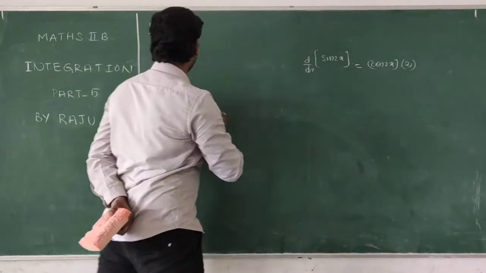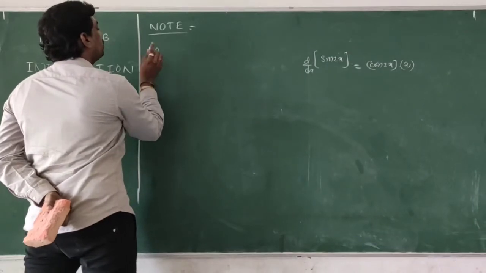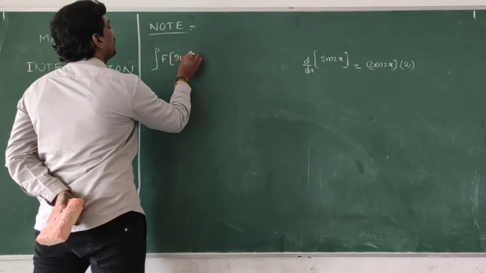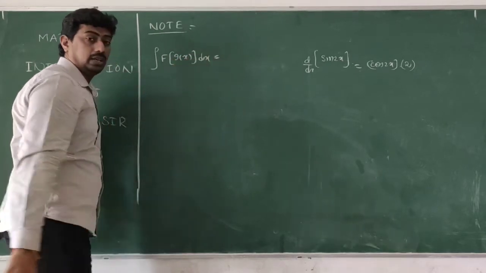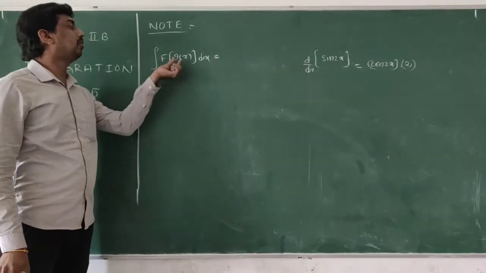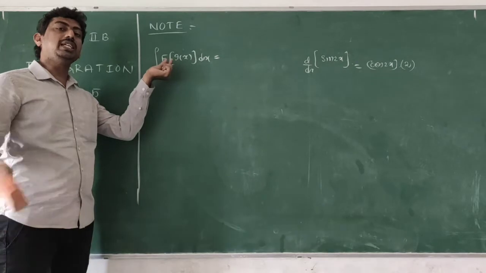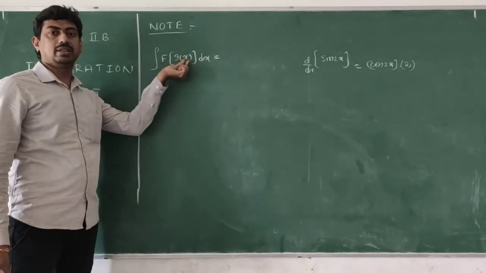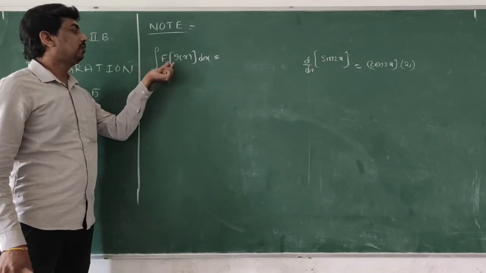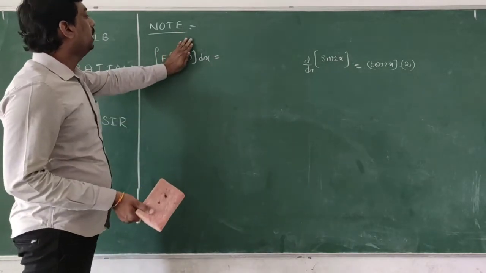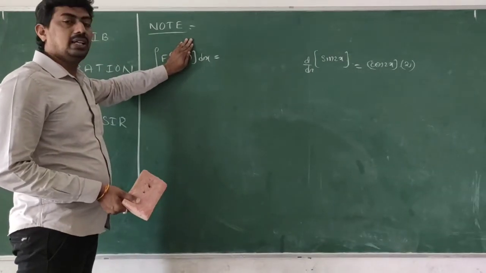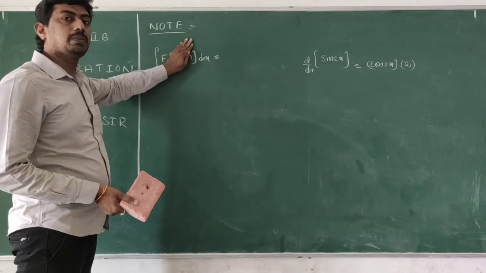But in integration, the function is in the form of integration of capital F of g of x dx. That means capital F is a function in terms of g, and g is a function in terms of x. In which way can we integrate this function? First, the integration of capital F. Simply, the derivative of capital F of x is small f of x.